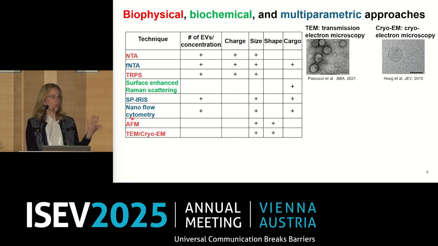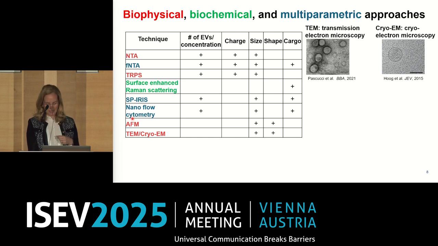And of course, all of us here in this room know about TEM and cryo-EM, two techniques that use an electron beam that is high energy, passes through a thin layer of the sample, either whole mount or plunge frozen, and really produces these beautiful images of vesicles that tell so much about morphology and size, right?